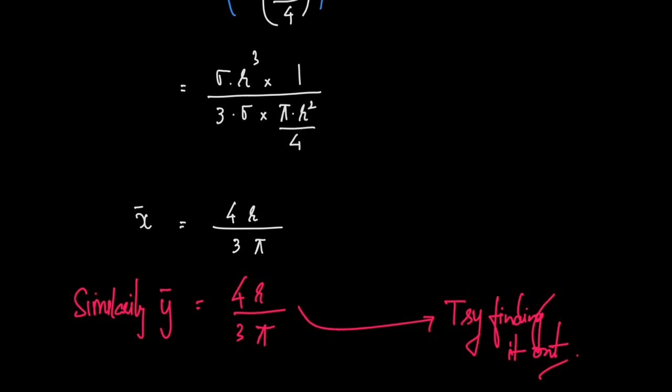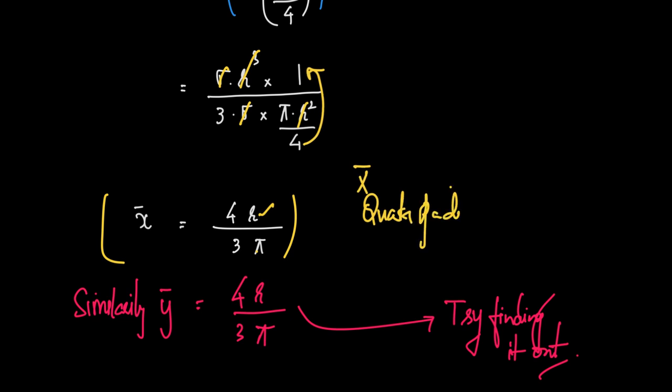So this becomes r cube by r square is r, sigma by sigma is 1, 1 by pi by 4, pi goes up to the numerator, so that becomes 4r by 3 pi. This is how we get x bar of a quarter of a disk equal to 4r by 3 pi.